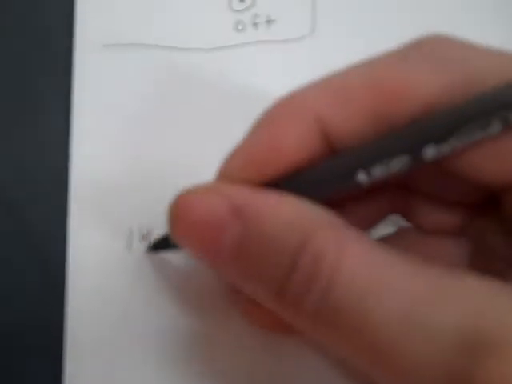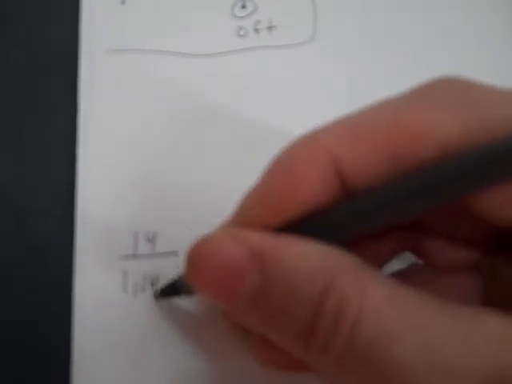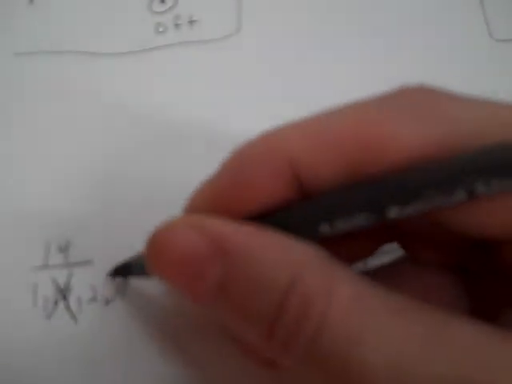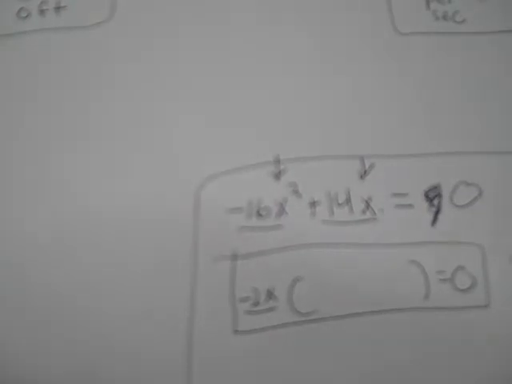I want to take x out of that, and 16 and 14. If you know the GCF right now, put it down. If you don't, write out 14. So 1 and 14. 14 divided by 2 is 7, so 2 and 7. And that's it. If you divide by 3, 4, 5, and 6, they are all decimals, and then you're back to 7. Now, can you divide 16 evenly by 14? No. Can you divide 16 by 7? No. Divide it by 2? Yeah. So negative 2x is coming out here.